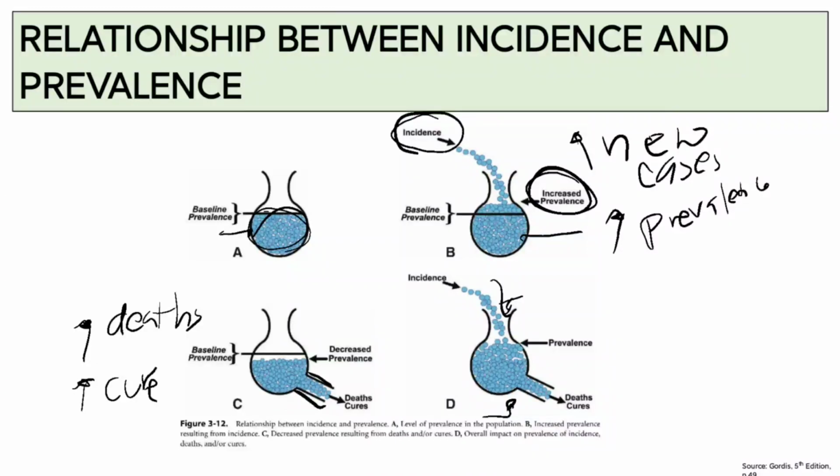So, continuous na, walang nangyayaring pagbaba ng mga kaso ng sakit. So, ito yung nangyari ng pandemic, no? Maraming namamatay, may mga gumagaling din. Okay, so nababawasan supposedly yung prevalence. However, dumadami rin yung incidence, no, or new cases ng COVID-19.